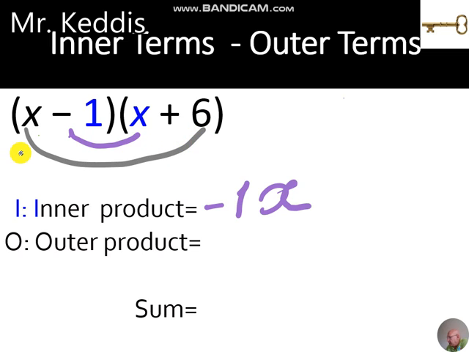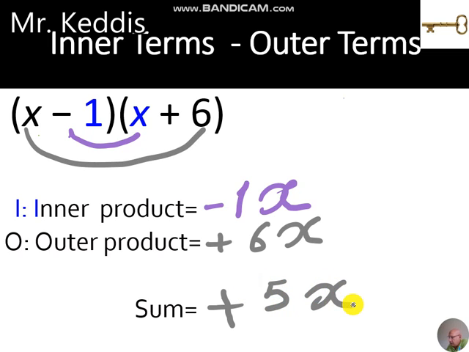Positive 6 times x, I get positive 6x. This is addition here. Because I have different signs, I take the sign of the higher number. 6 is higher than 1, which means the sign is positive. Because I have different signs, I subtract. 6 minus 1 is 5x.